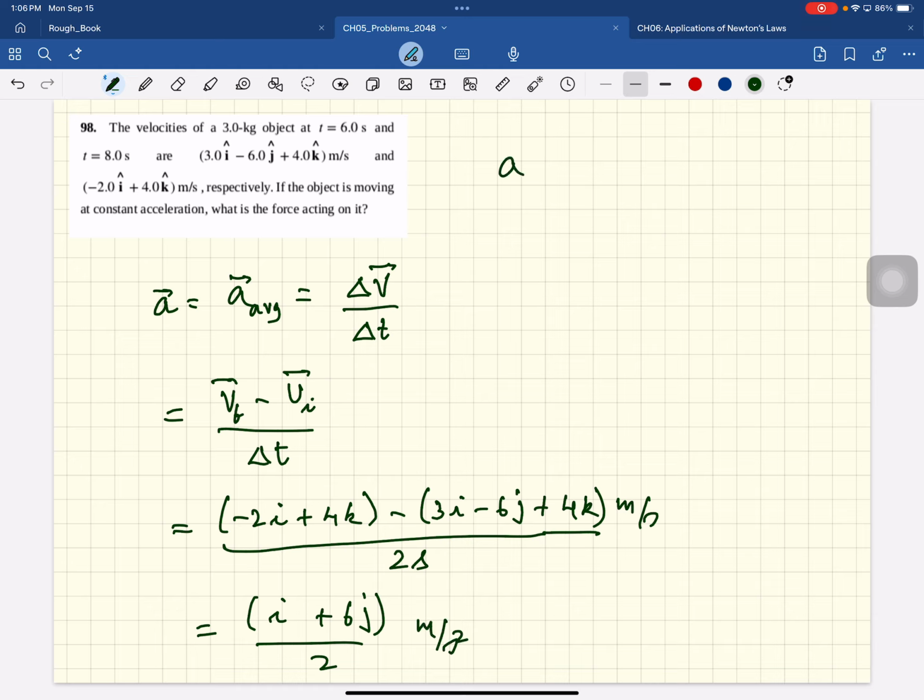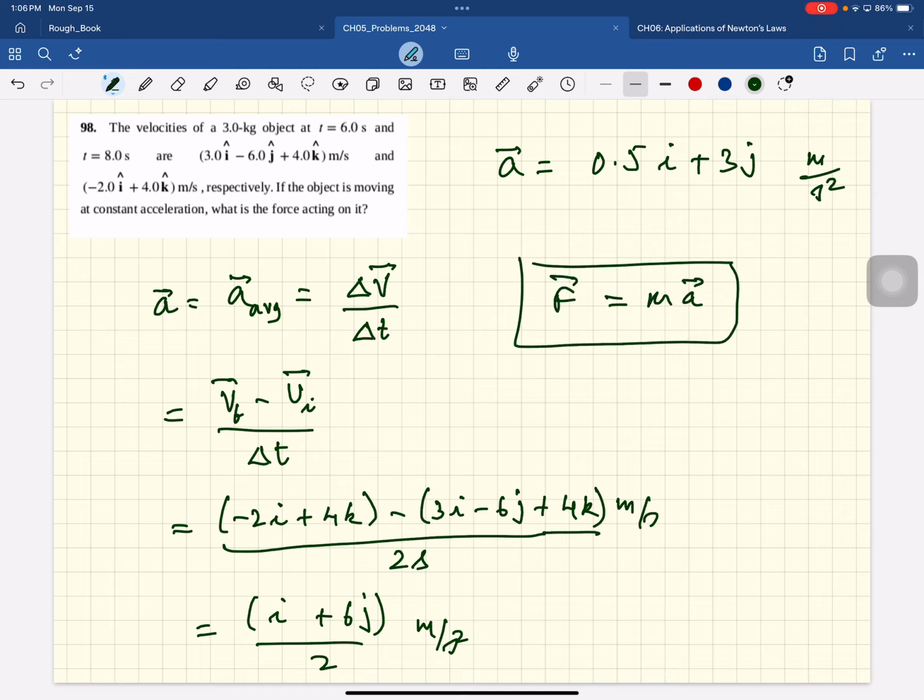So the acceleration is 0.5i plus 3j meters per second squared. So the force on the object is the mass times acceleration. Okay, the mass is 3 kg, so 3 times that is 1.5i plus 9j newtons.